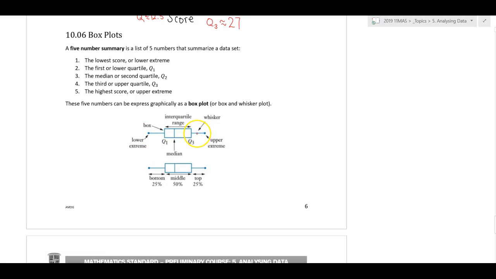So those 5 things. Now on your calculator, when you're putting data in, somewhere in our stats menu all 5 of those numbers can be evaluated. They all come from the same menu on your calculator.